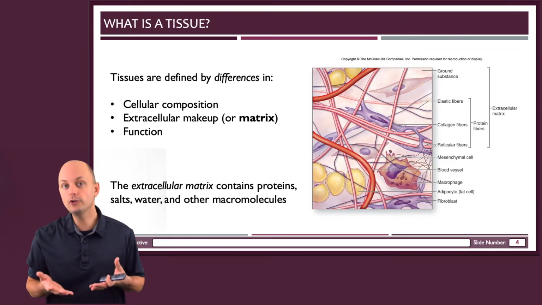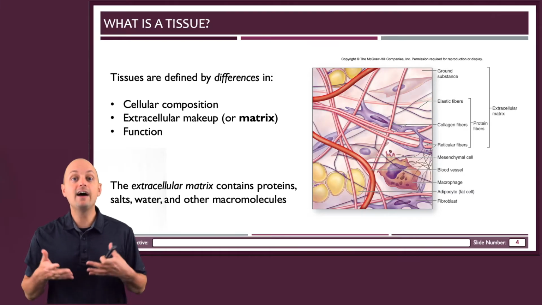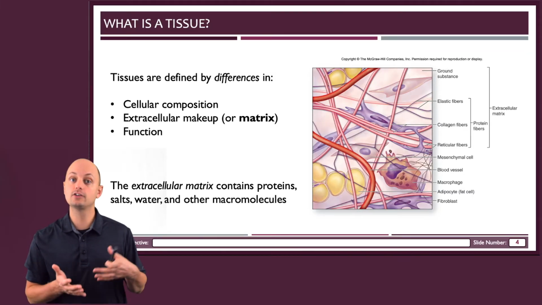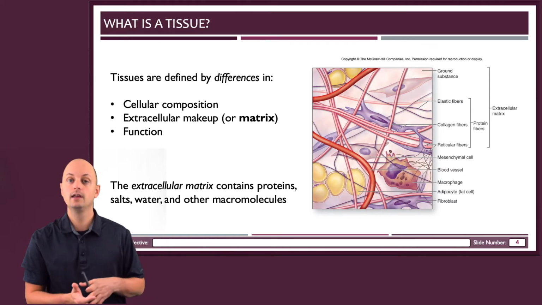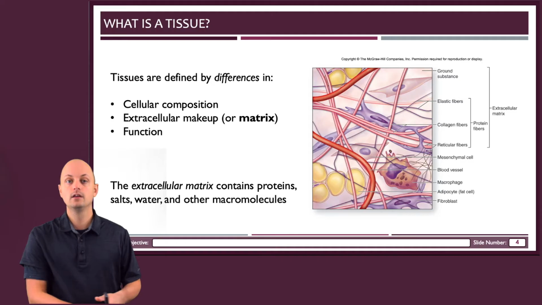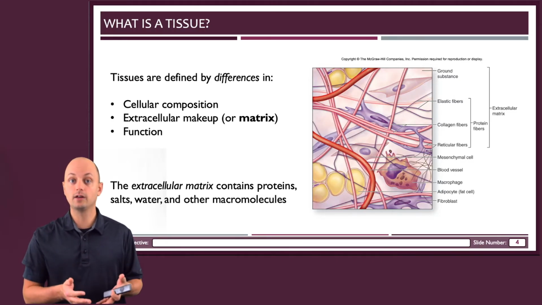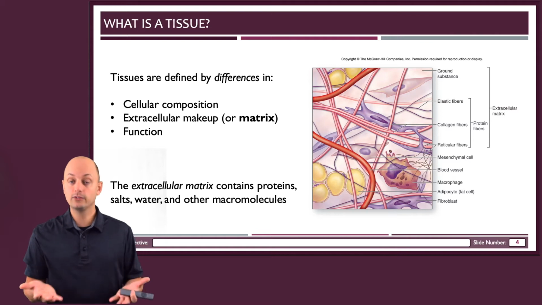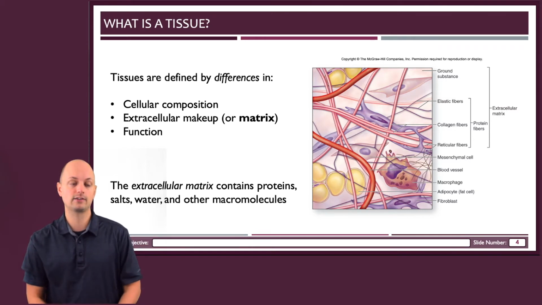But tissues can also be different from each other in terms of their extracellular makeup. Having unique cells means that each of those cells can produce different signaling molecules and proteins, and those can travel out into the extracellular environment. So the unique composition of proteins and ions and signaling molecules and water outside of a cell collectively is known as the extracellular matrix.